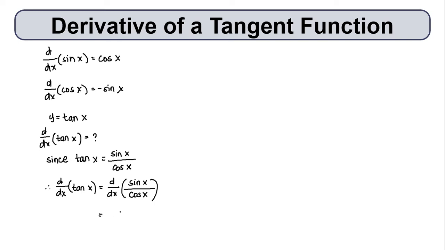So ang quotient rule natin, sabi, equal na yan sa denominator, which is yung ating cosine x, times the derivative ng ating numerator, which is yung sine x, derivative ng sine x, minus the numerator, sine x times the derivative ng denominator, cosine x, all over the square of the denominator.